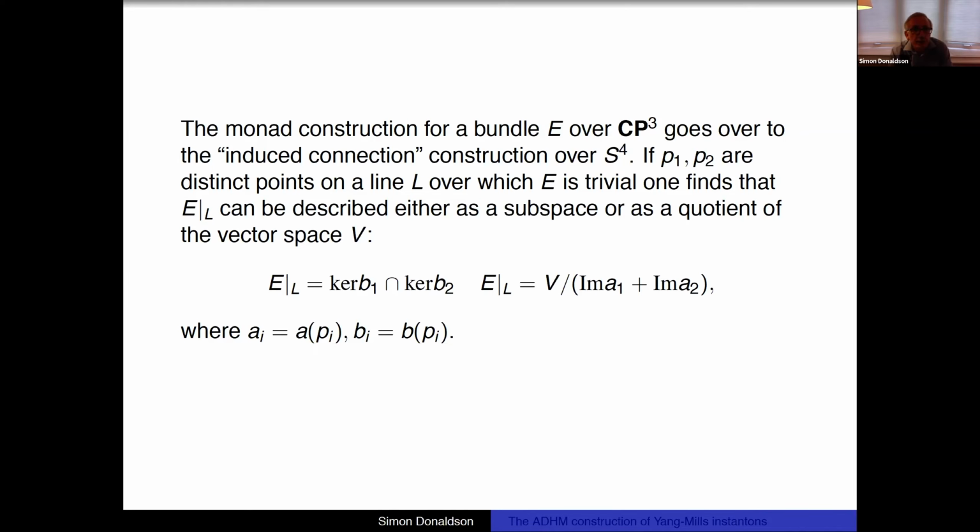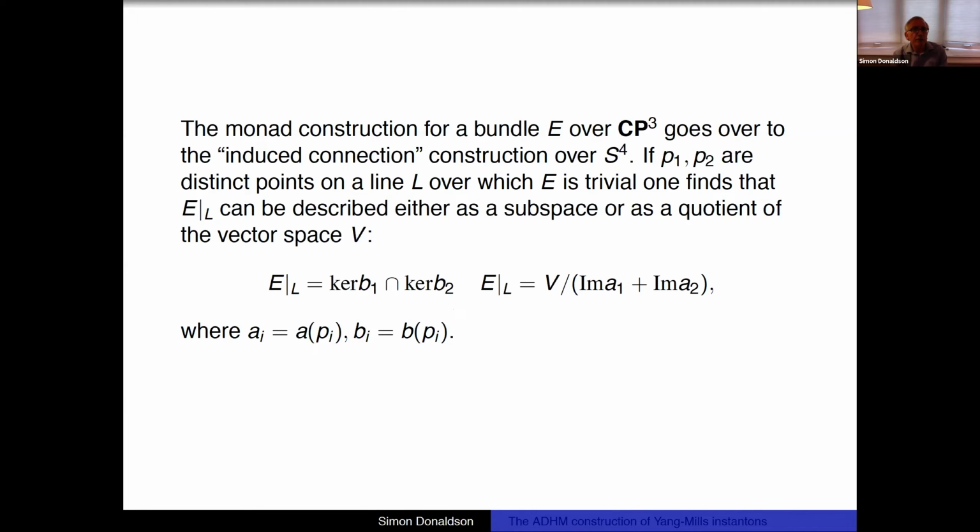So we have 4 linear maps between 3 vector spaces, and the triviality condition is that these are in general position, in a sense. So the restriction of E to L can be described either as a subspace of our vector space V, the intersection of the kernels, or as a quotient of V, the quotient by the sum of the images.